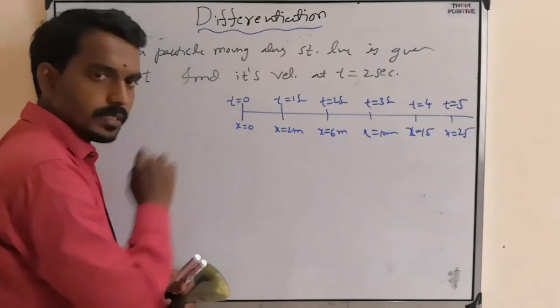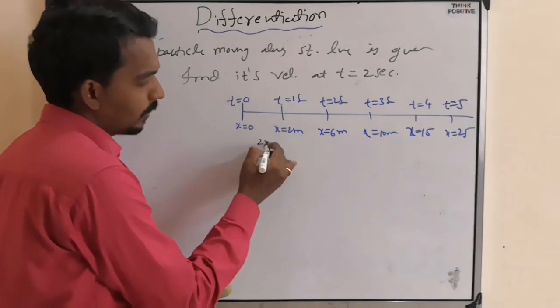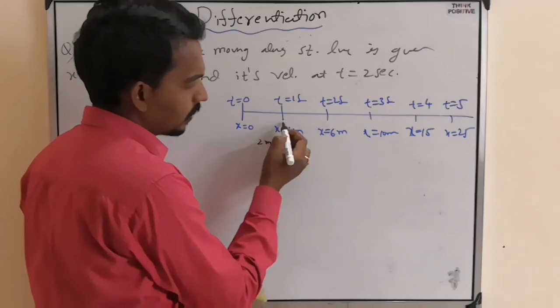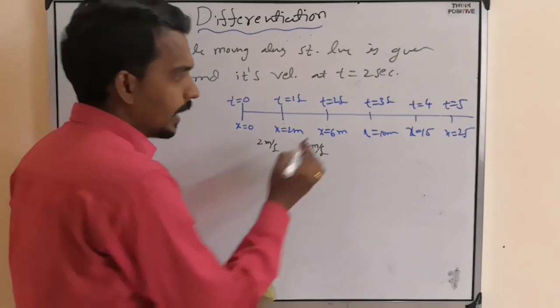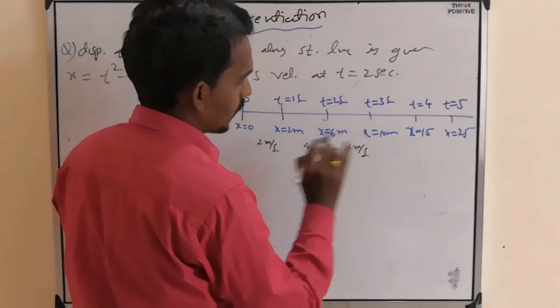Now at this instant it is covering 2 meter in 1 second. At this instant it is covering 2 to 6, means 4 meter in 1 second. At this instant it is covering again 4 meter in 1 second.